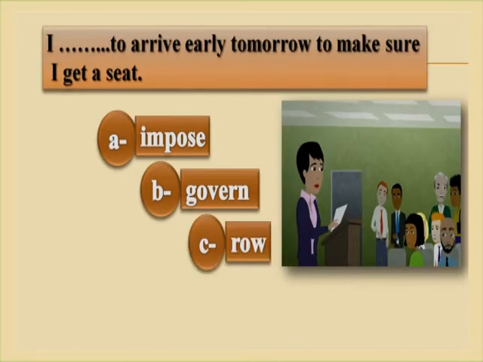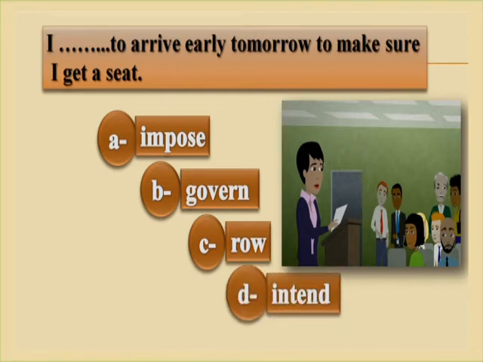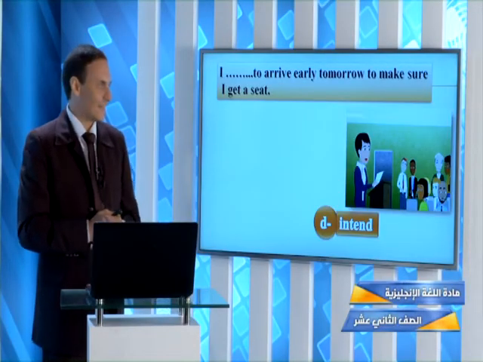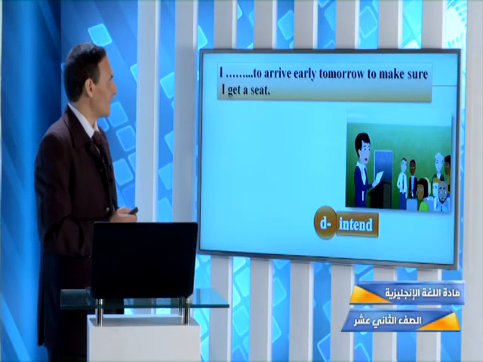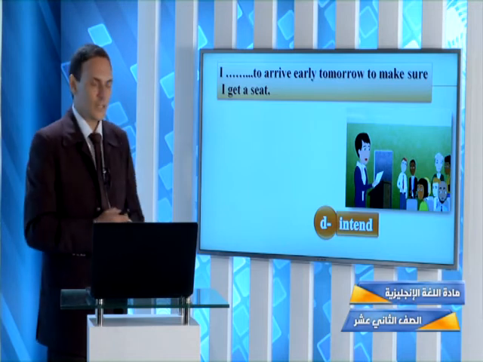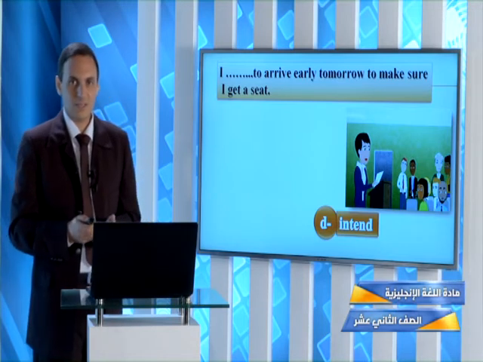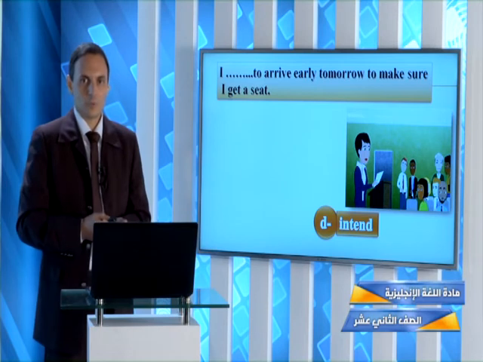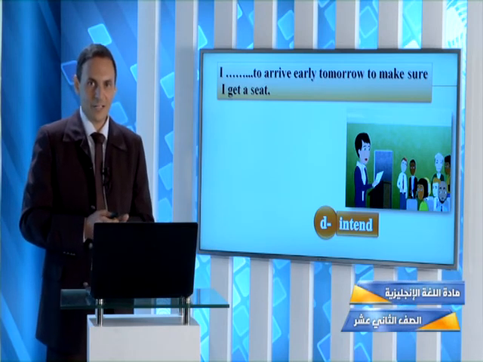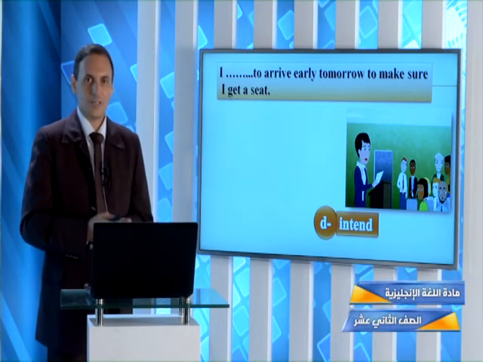Is it the word impose, govern, row, or intend? Well done. It's the word intend. I intend to arrive early tomorrow to make sure I get a seat, which means I will arrive tomorrow a little bit earlier because I want to have a seat.